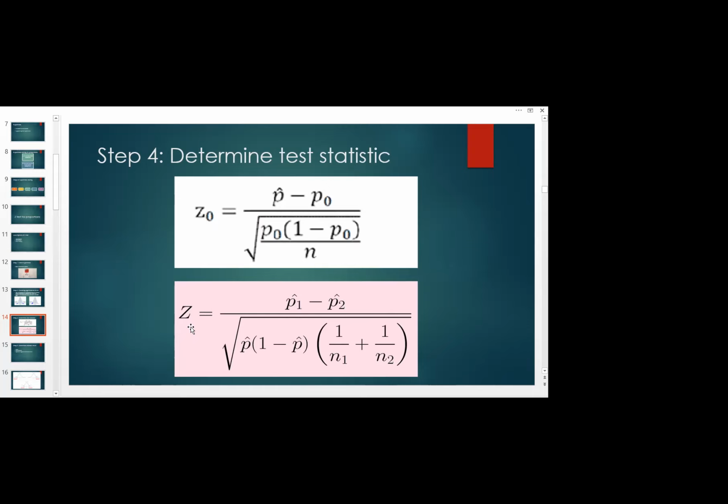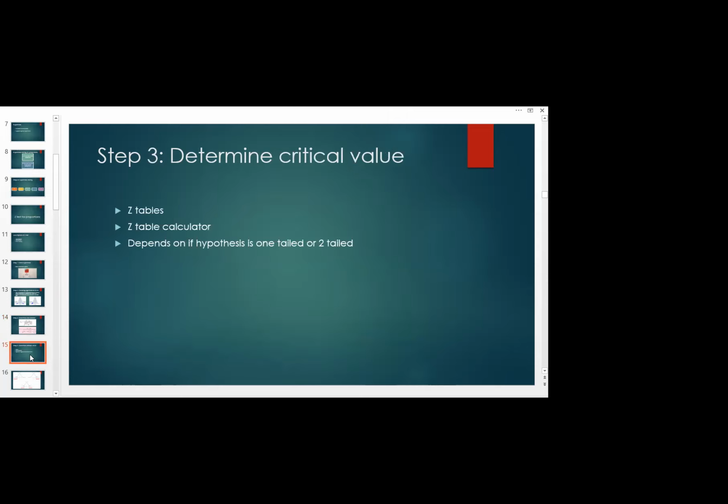Whereas the formula for two population proportions uses p1 hat, the proportion of sample 1, and p2 hat, the proportion of sample 2, and then we have the pooled proportion from both samples, p times 1 minus p, divided by n1 plus n2. We are going to discuss these formulas in more detail when we do examples.